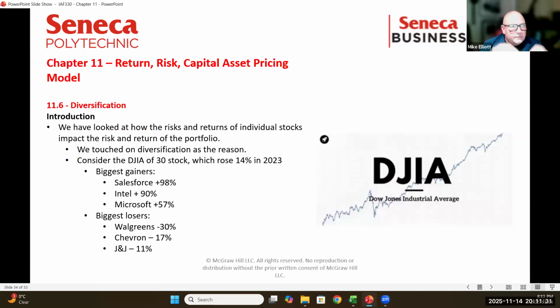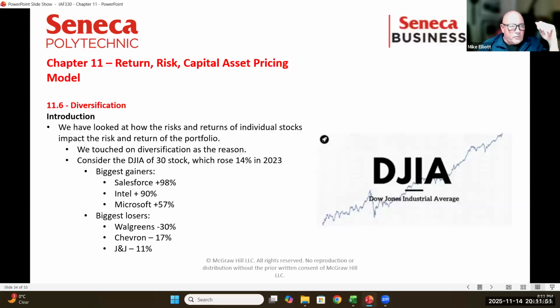All right. Diversification. Now we've looked at theoretically how diversification works. We looked at using negative correlation to drop the standard deviation from a weighted average standard deviation to a portfolio standard deviation.